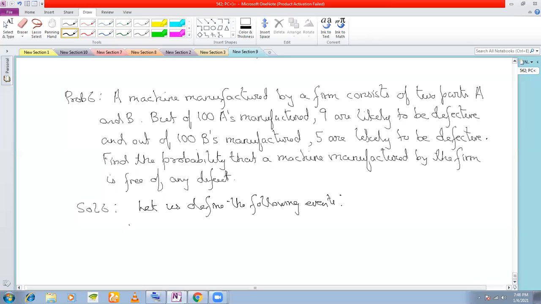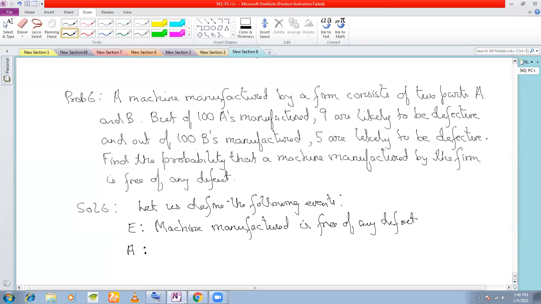The first event E will be based on the question: that the machine manufactured is free of any defect. What should be the event A?